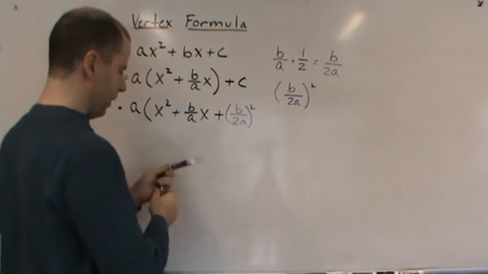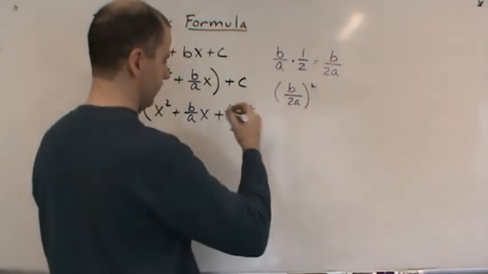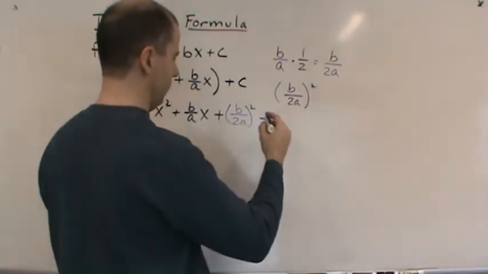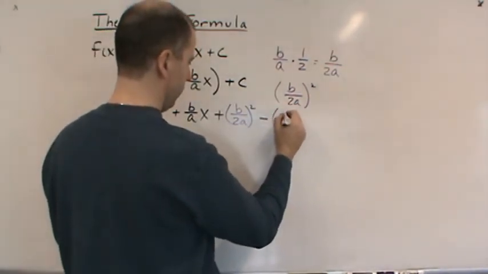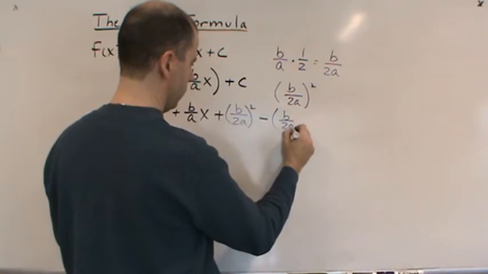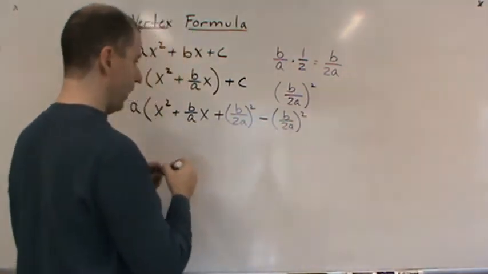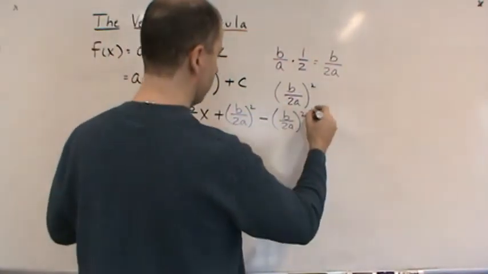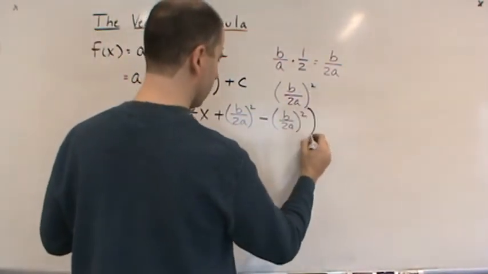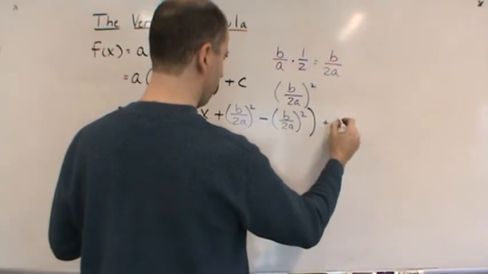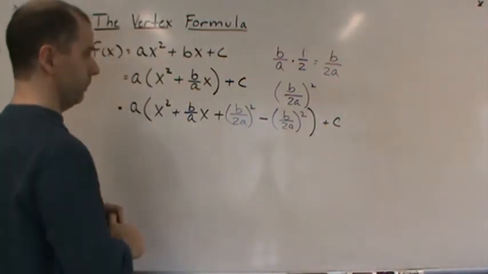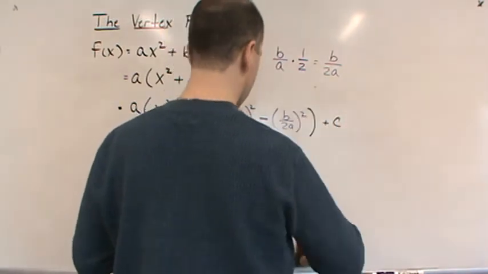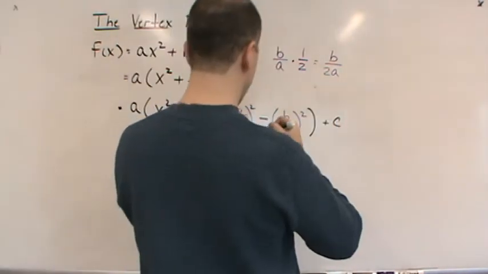But then, remember, I have to subtract the same thing, so b over 2a squared. And I get this, plus c. Okay, let me erase this so it's out of my way, and I'll put it over here.